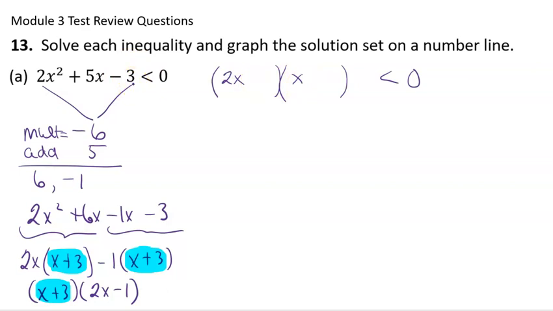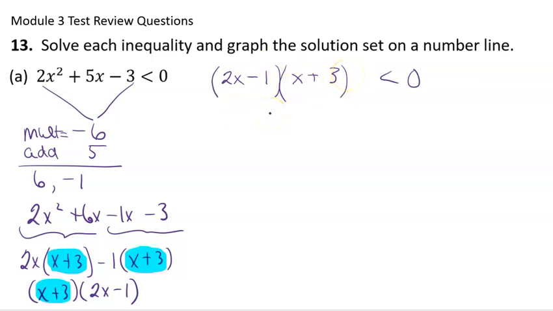You've just got to figure out where to put the 3 and 1. So if you put the 3 here and the 1 here, notice 2x times x is 2x squared. 1 times 3 is 3. But you've got to get the middle term. So 2x times 3 gives you 6x. So this needs to be plus, and then you need to minus that 1. But that's what you have to play around with, where does the 3 and 1 go? Because you might have tried the 3 here and the 1 here, and that wouldn't work at all.